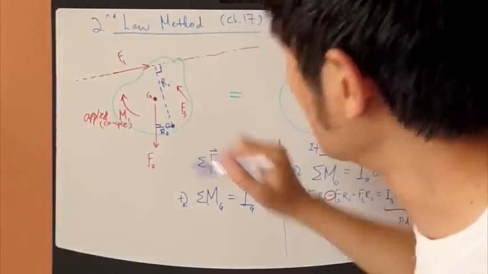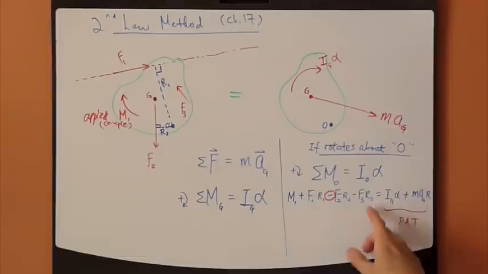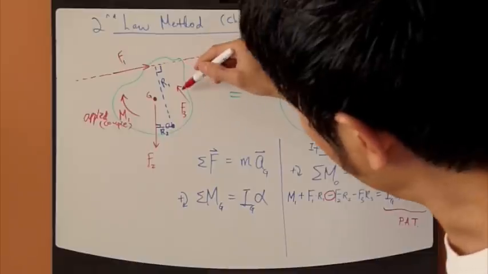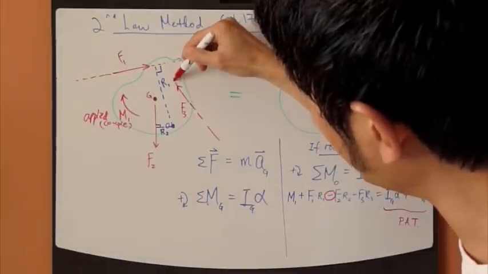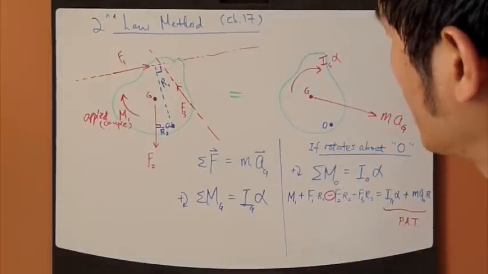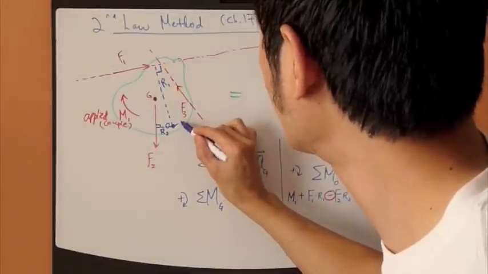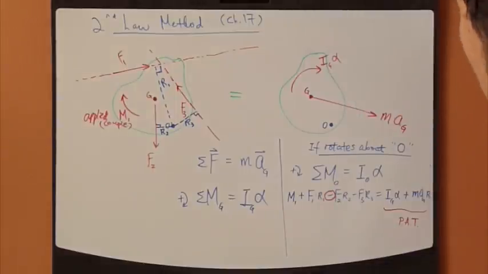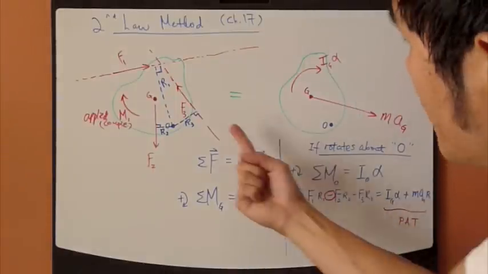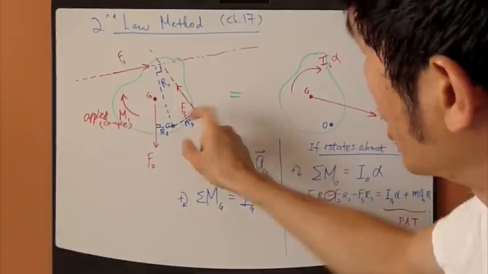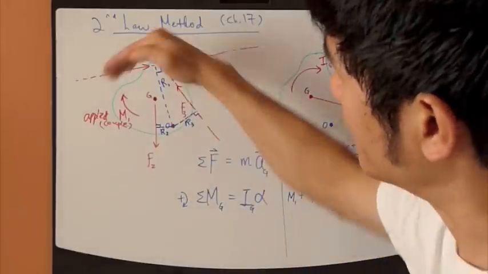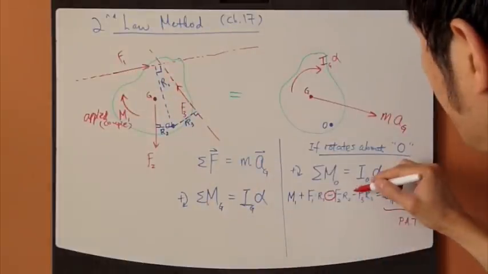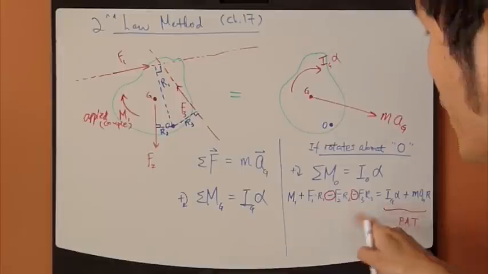That's my R2. Same thing, keep going for F3. F3 going this way, so I'm going to extend this line of action of F3 and find the shortest distance between them, and that's my R3. Again, it's a negative sign because F3 about this point O will create a negative, counterclockwise moment. So F3 times R3. And that's it.